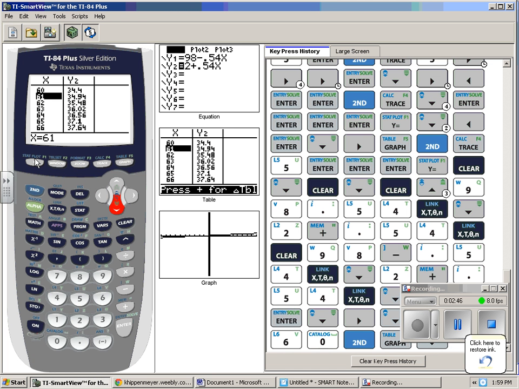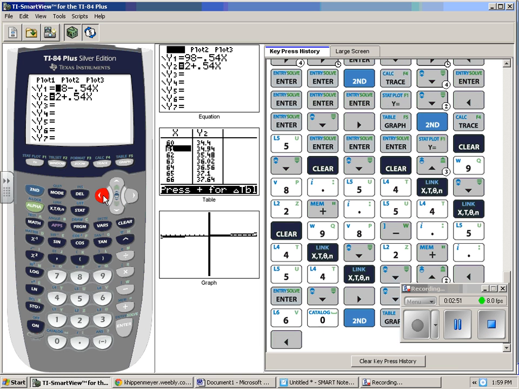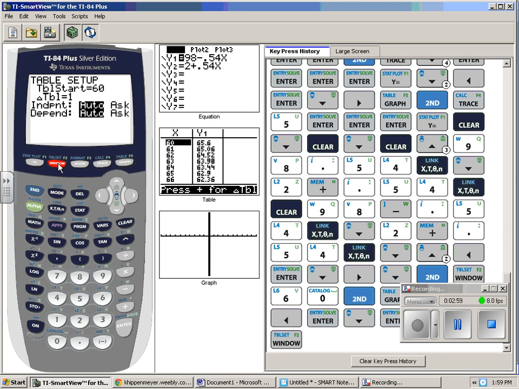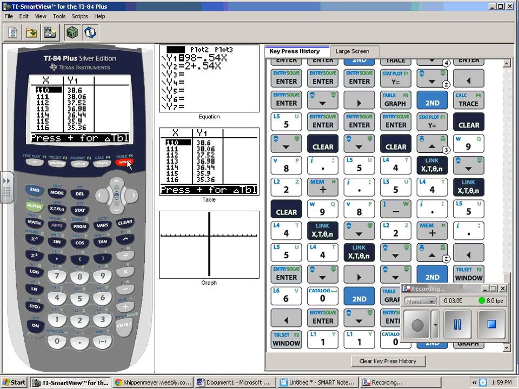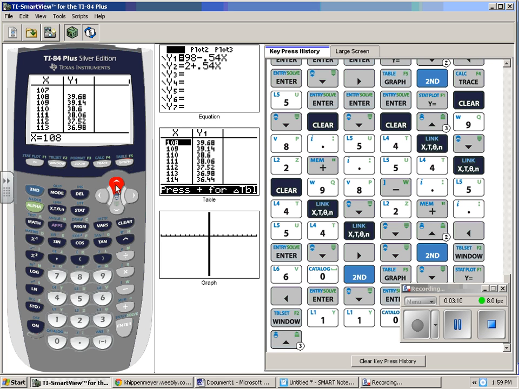I go to y equals, and now I'm concerned about the male doctor equation. So I want to turn this one on and turn the female doctor equation off. I'm going to look for approximately 110 years after 1960. So T is approximately 110, and see if I can get closer to that 40% mark.